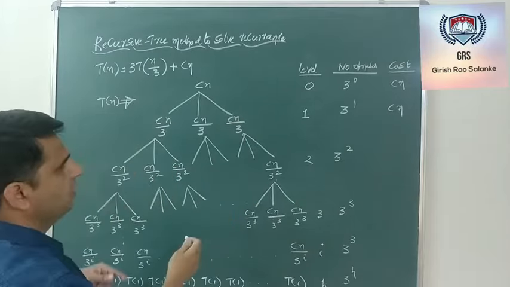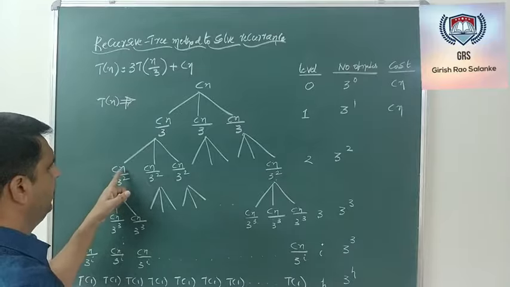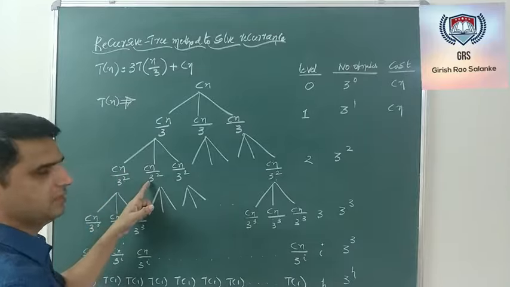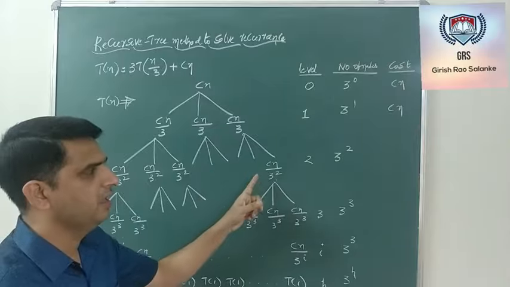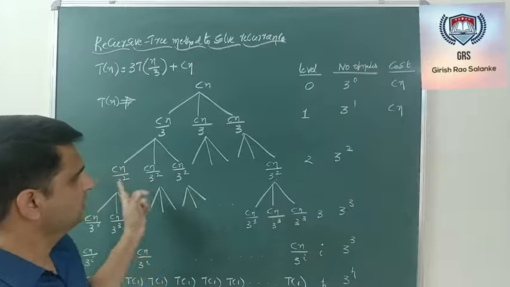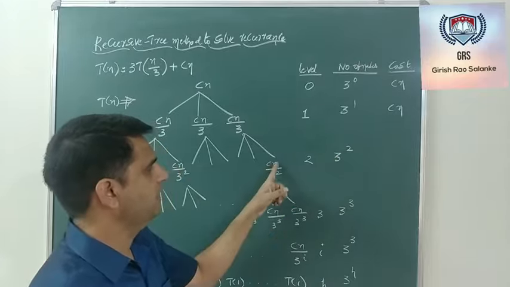Now here also, if you see, Cn by 3 square, Cn by 3 square, Cn by 3 square, similarly I will be having Cn by 3 square. Now what is the cost? The number of nodes is 3 square, into Cn by 3 square.